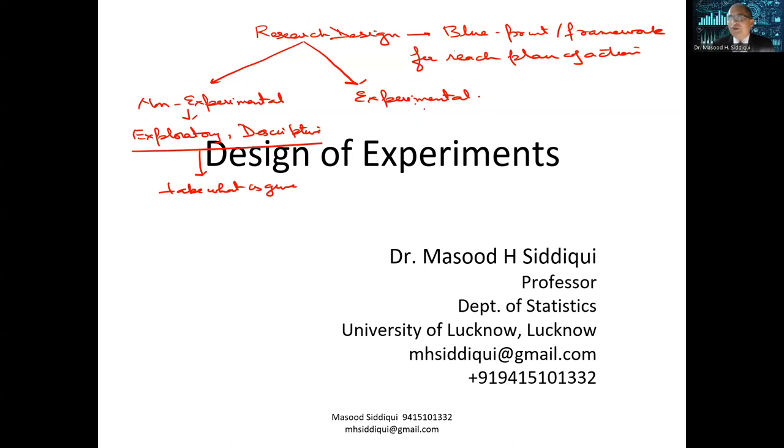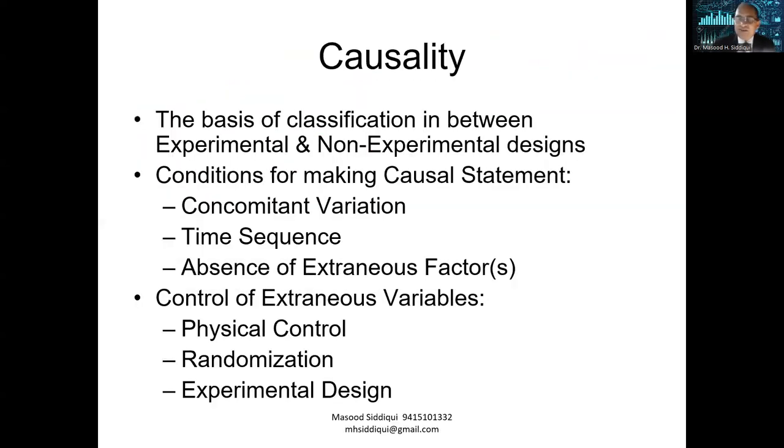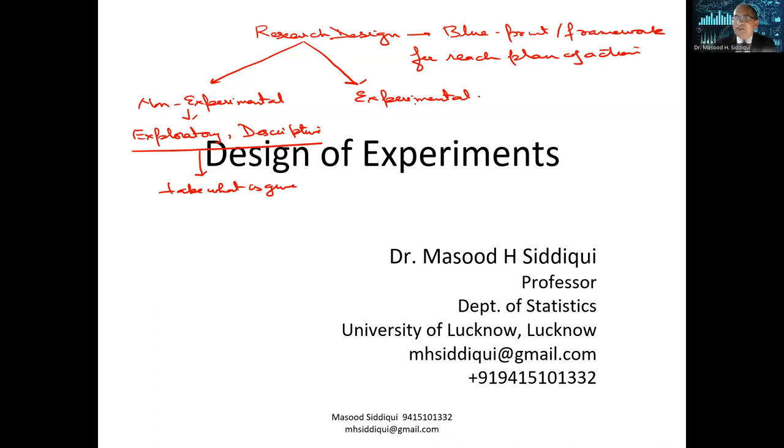Now we will be going with the experimental research design and the design of experiments related to that. So what is the difference between these two? As we have discussed here, we take what is given, so it does not provide the causal relation.